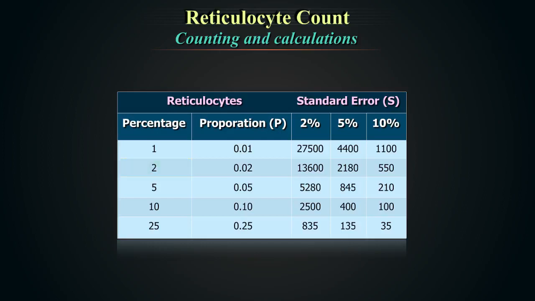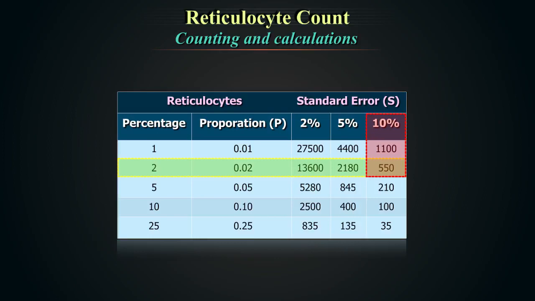For instance, if the percentage reticulocyte count is around 2 for a standard error of 10%, at least 550 RBCs should be counted, and this implies that the operator should check at least 11 fields and find the average reticulocyte percentage. But this itself will have a possible 10% error.